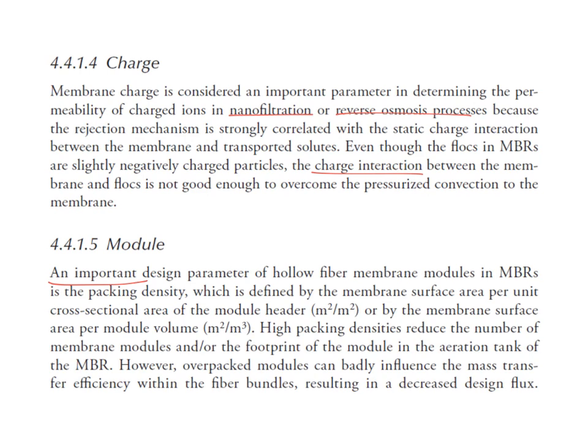Module design is also important. Of course, in MBR systems, we mostly use hollow fiber membrane modules, which have very high packing density, and this high packing density can reduce the number of membrane modules, and it can also reduce the footprint of the module in the aeration tank.